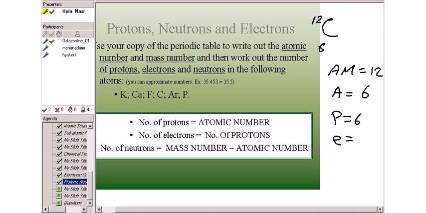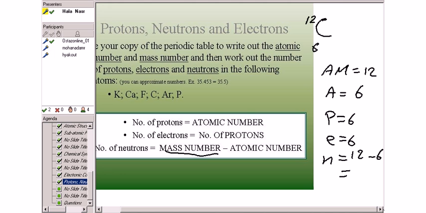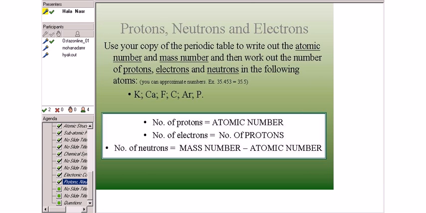The number of electrons is 6. We're so lucky. Mr. Hassan, can you calculate the number of neutrons from the rule you have in here? Very good. Yes, 12 minus 6 equals 6 neutrons. We're lucky in here that protons, neutrons, and electrons are equal, but this doesn't happen in all atoms. Till this point, do you have any question?